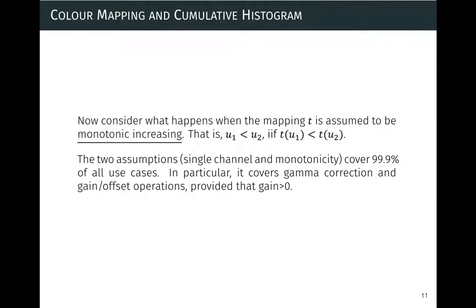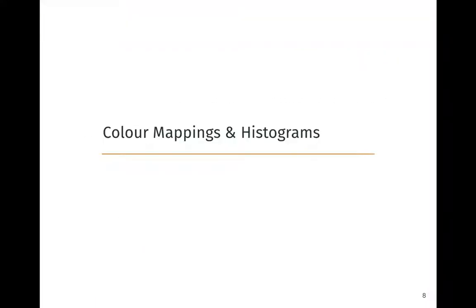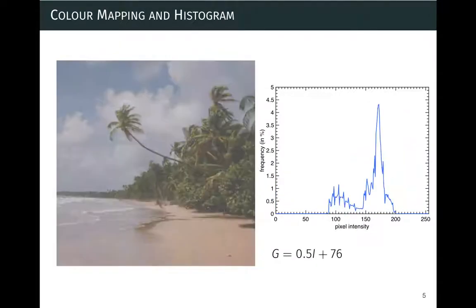Monotonic increasing just means that if you have one intensity U1 that is smaller than another one, U2, then after transformation you still have the same property: the mapped color T of U1 is smaller than T of U2. This seems a bit arbitrary, but that covers pretty much all the cases we have, and definitely what we've just shown before.